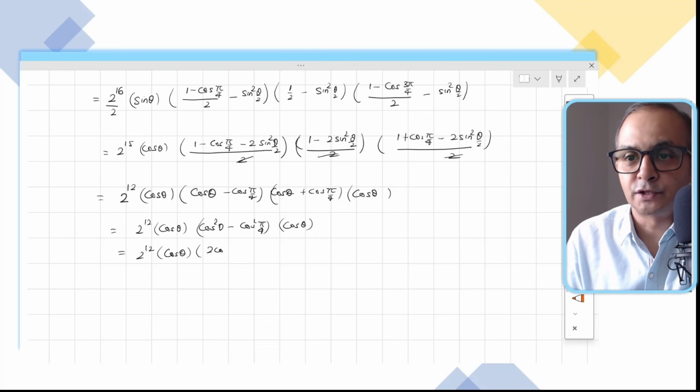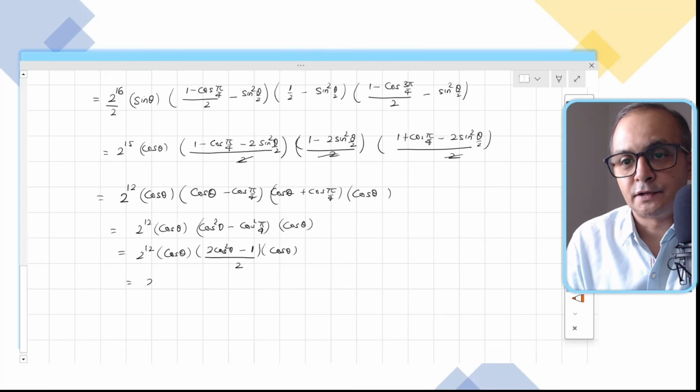So 2 cos squared theta minus 1 by 2, and then again cos theta. So we get it here to the power 12, so to the power 11.